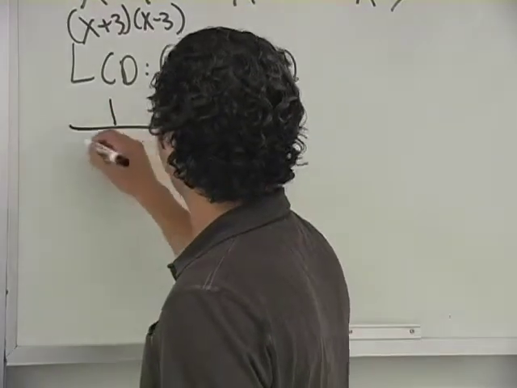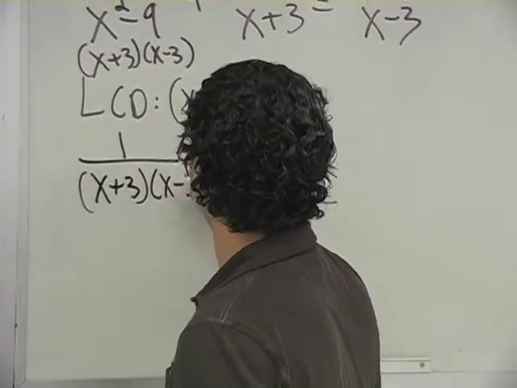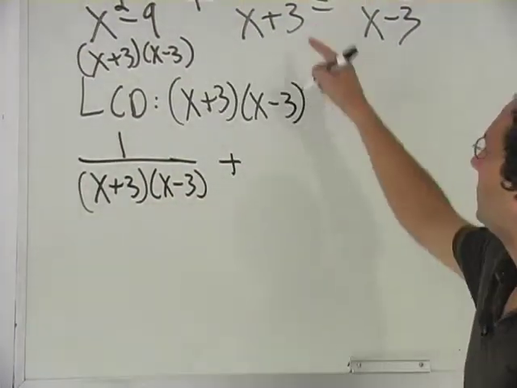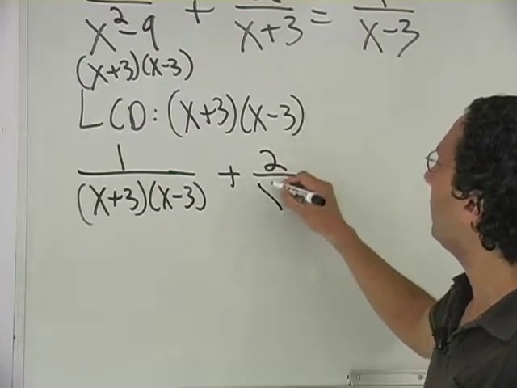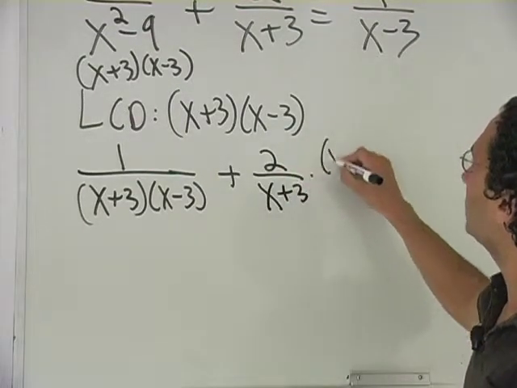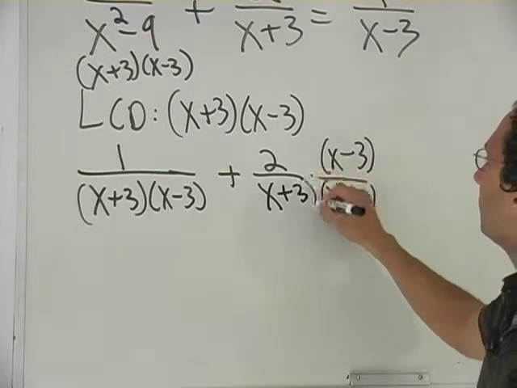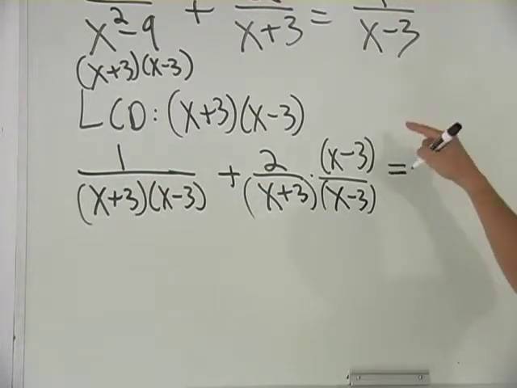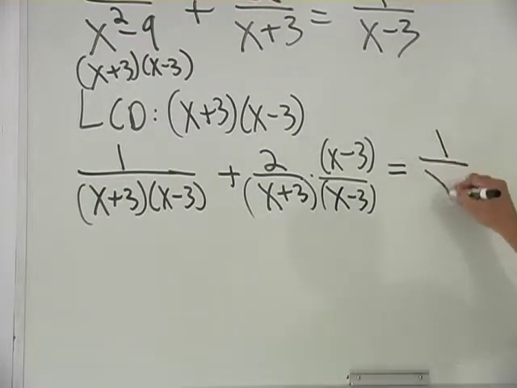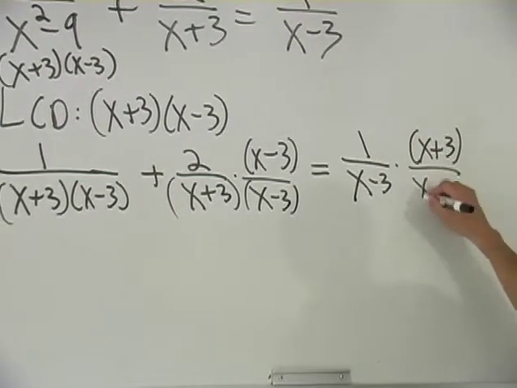So we have 1 over x plus 3 times x minus 3 plus, let's see, we need an x minus 3 over x minus 3. Let me do it on the right-hand side. And the right-hand side of the entire equation needs an x plus 3 times an x plus 3.